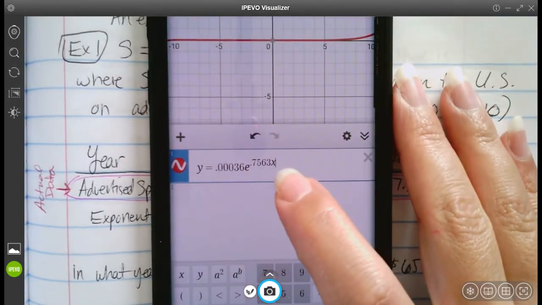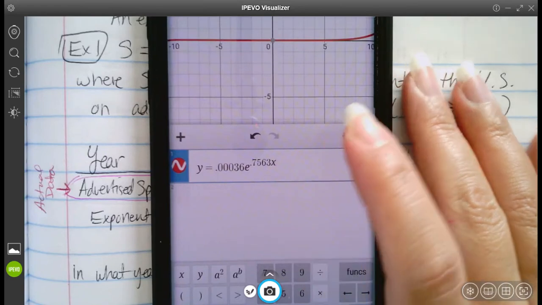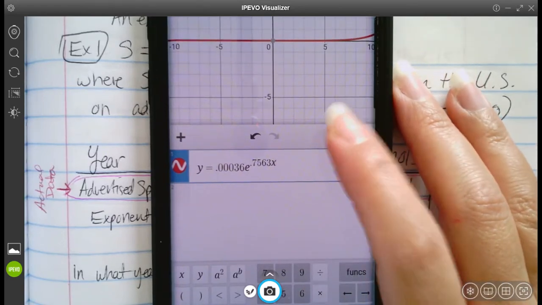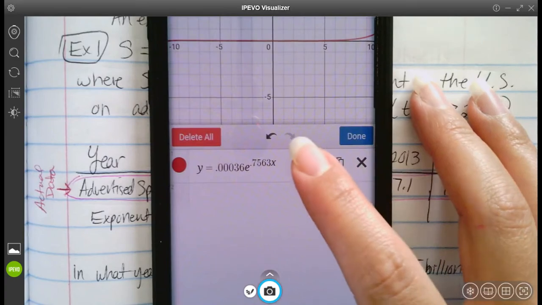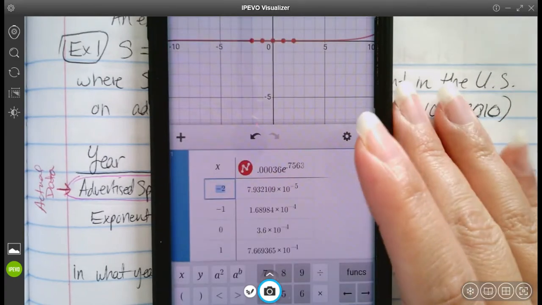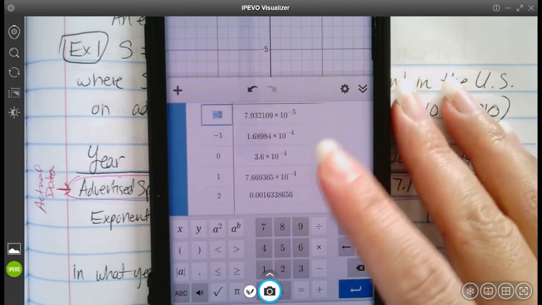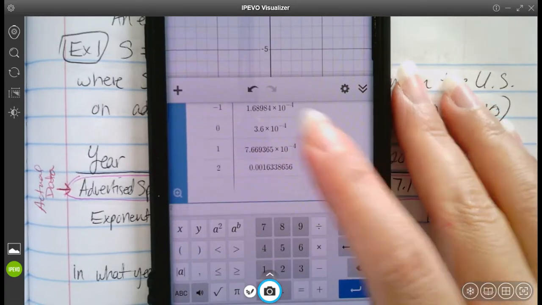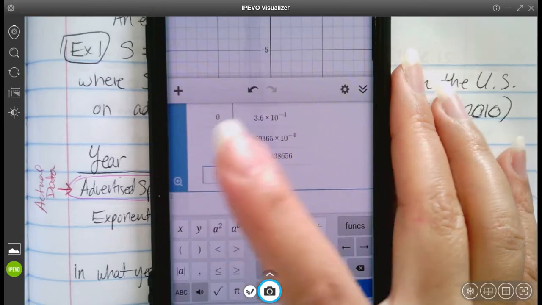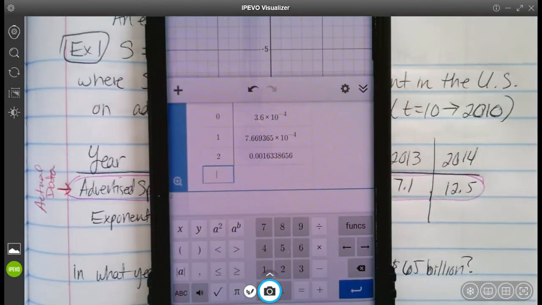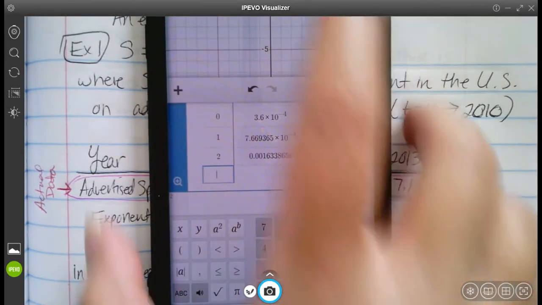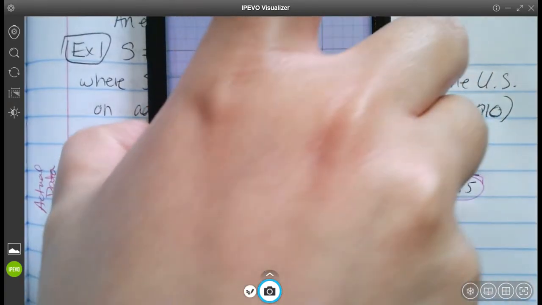We can either plug the numbers straight into here, or we can get a table by clicking on the little gear here and then clicking on the table. You're going to see that we have this table here, and it does not have the values that we want. So we're going to make those values. Let's start with 10 because that is the first one that we want. Let me type them in really quickly.